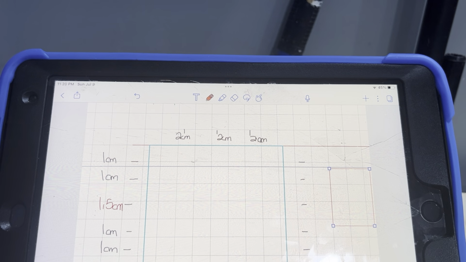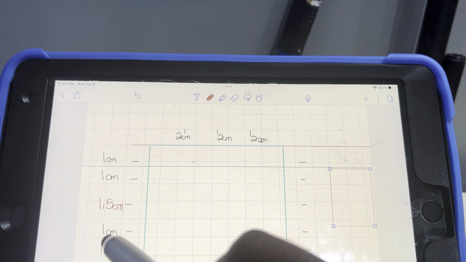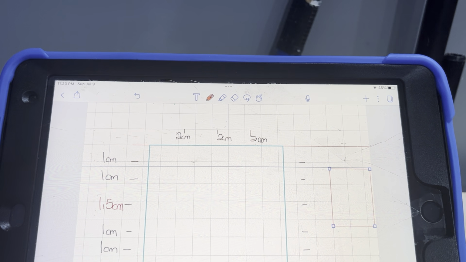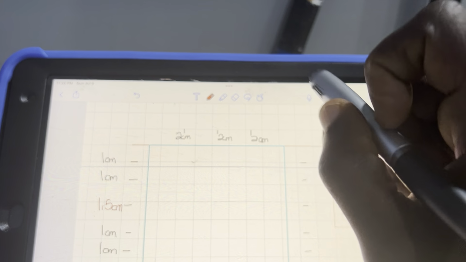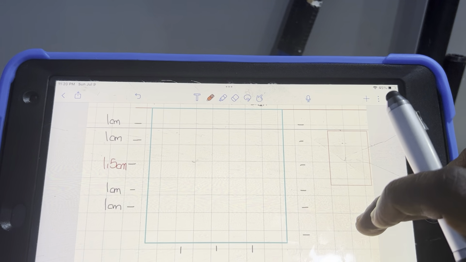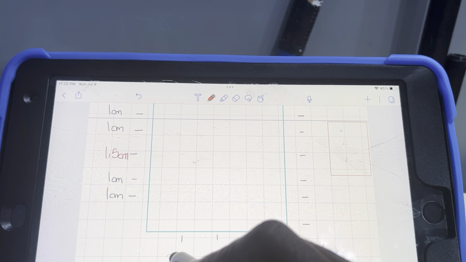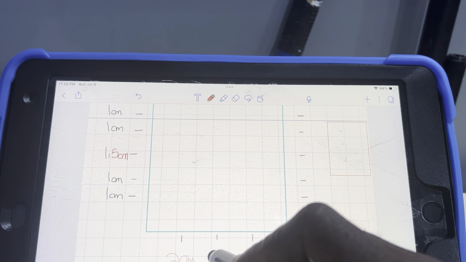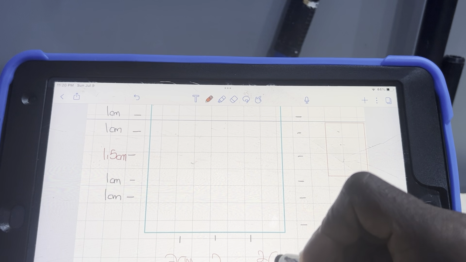Then, if you notice that I have these numbers, I have 1 centimeter, 1 centimeter, 1.5 centimeters, then 1 centimeter, 1 centimeter. On top, I have 2 centimeters, 2 centimeters, 2 centimeters. And on the bottom, you would do the same. You would mark your 2 centimeters, 2 centimeters, and your 2 centimeters.